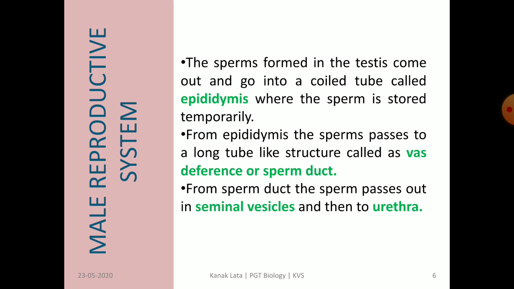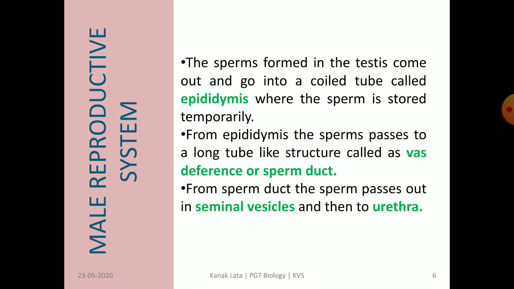The sperms formed in the testes come out and go into a coiled tube-like structure called epididymis. Here the sperm is stored temporarily. From epididymis, the sperm passes to a long tube-like structure called vas deferens or sperm duct.